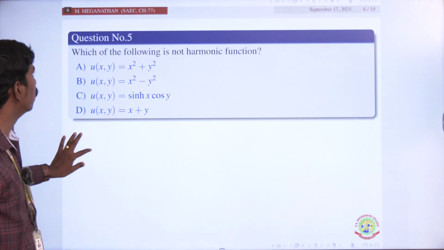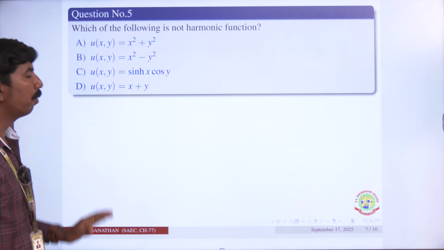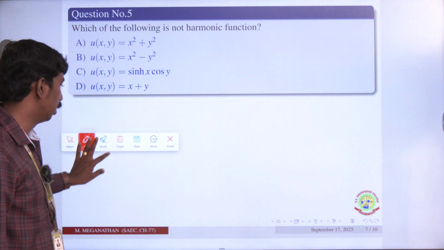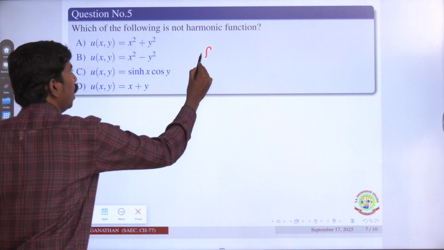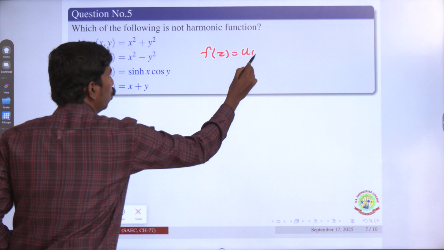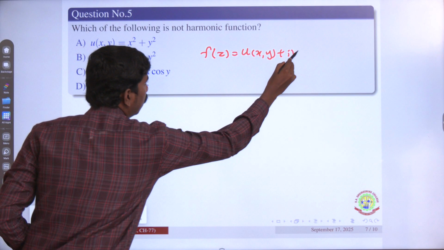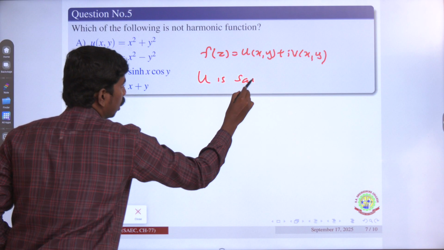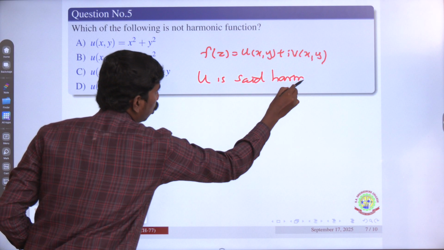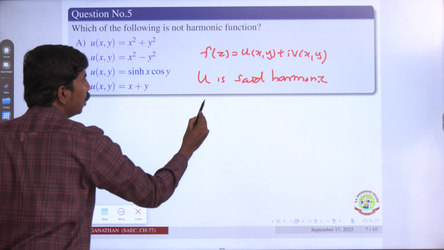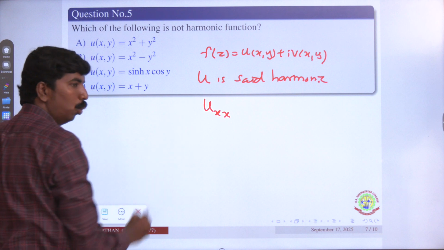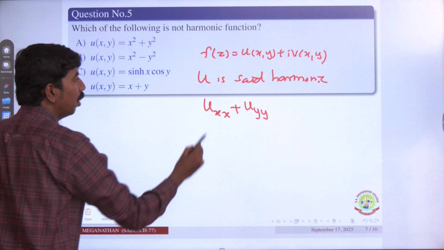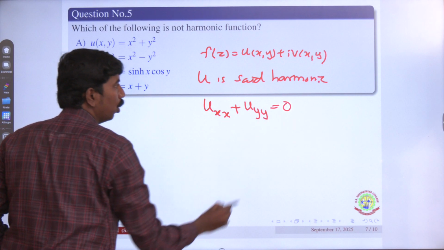Now I will go for the next one, harmonic. Another definition I gave in the beginning is the concept of harmonic function. What is harmonic? I will recall the definition again. For any function f of z equal to u of x comma y plus i into v of x comma y, u is said to be harmonic if I can differentiate u with respect to x two times, and similarly with respect to y two times, and when I add these two answers it equals 0.